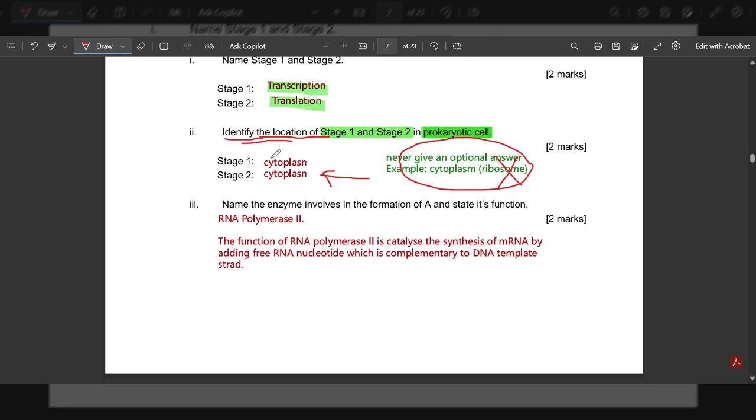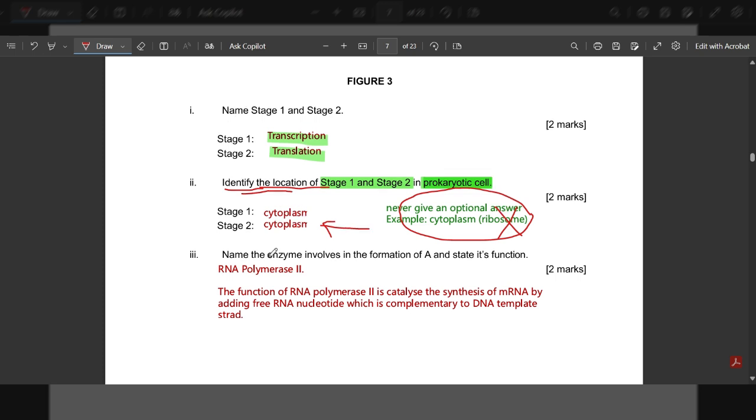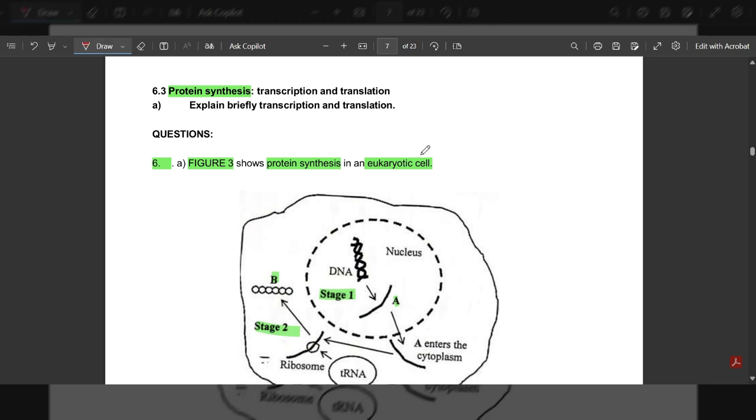Okay, so coming to question number 3, they want you to name the enzyme. For this question I also noticed a lot of you are getting it wrong when it comes to the name of the enzyme. You read the question carefully just now. We have mentioned this happens in a eukaryotic cell.